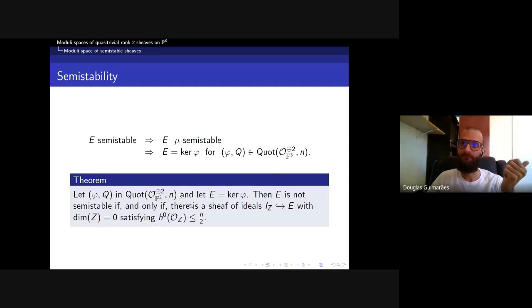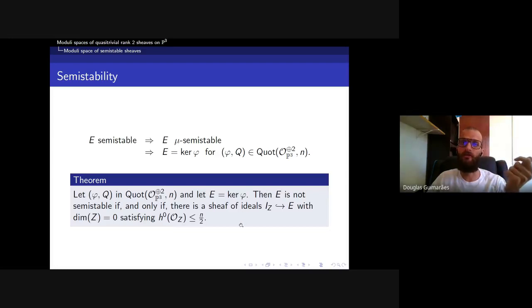The theorem says that E is not semi-stable if and only if there is some sheaf of ideals of a zero-dimensional Z inside E such that the length of Z is less than or equal to n over 2. So what we have now is that every semi-stable sheaf with right Chern classes is the kernel of a point in the Quot-scheme, but not every kernel of a point in the Quot-scheme is semi-stable.